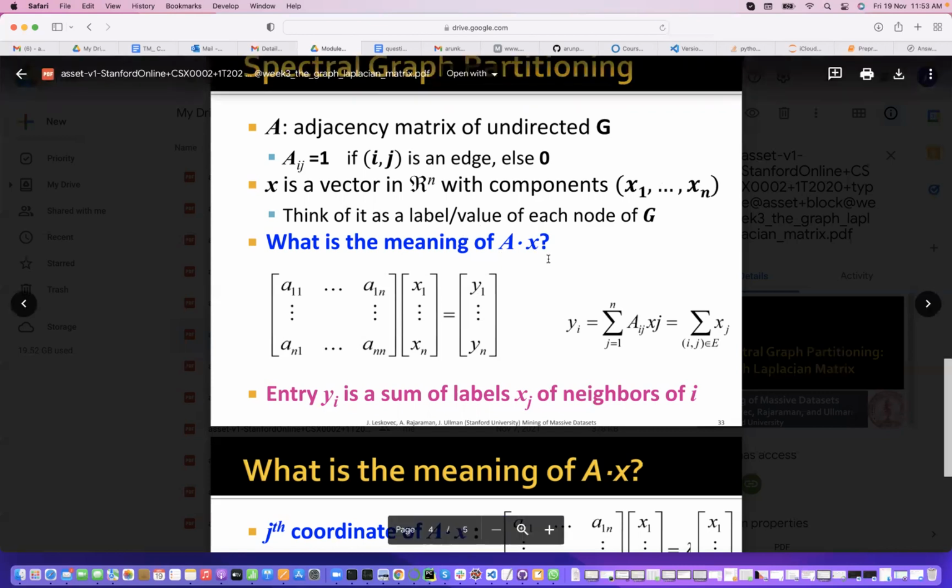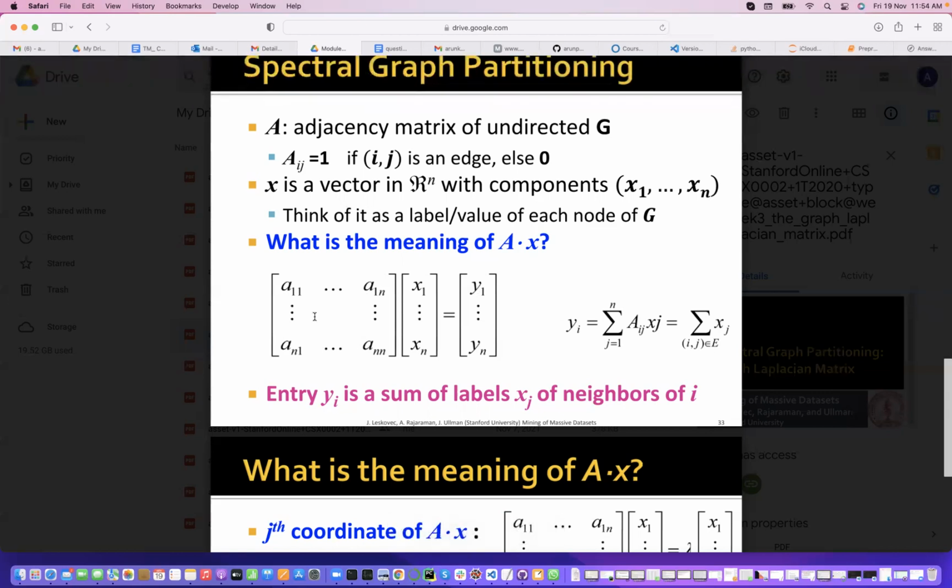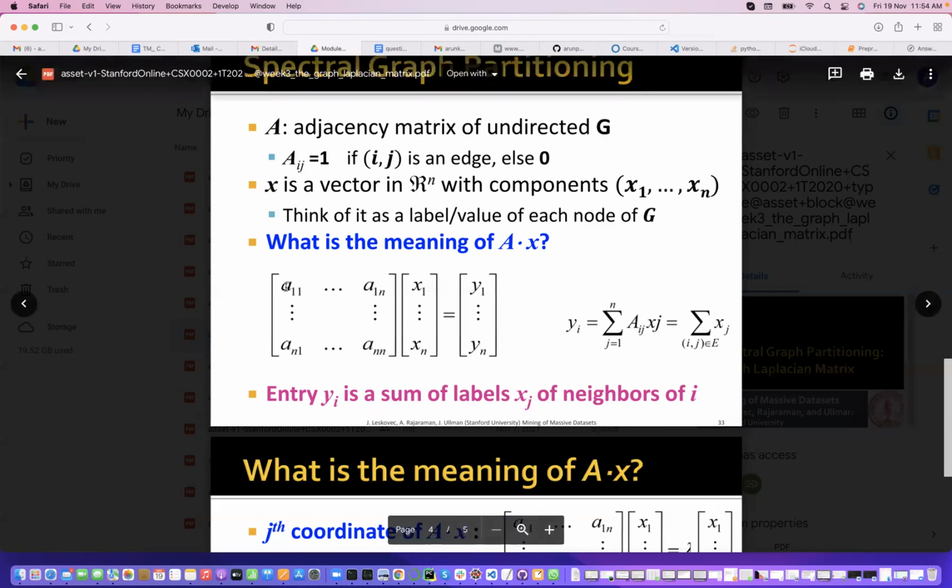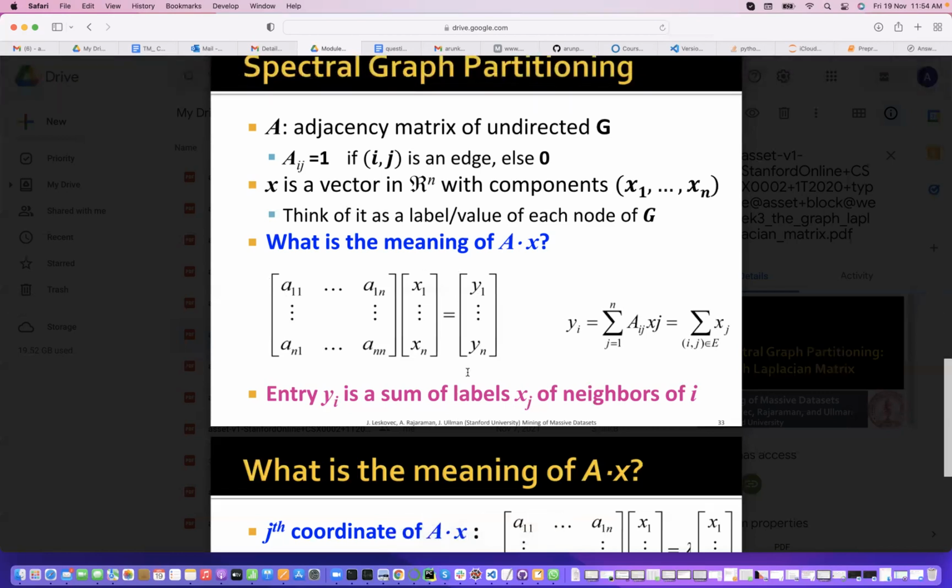So what is the meaning of A dot X? You can multiply an n by n matrix with a vector of size n. If you multiply, you get another vector, y1 to yn.